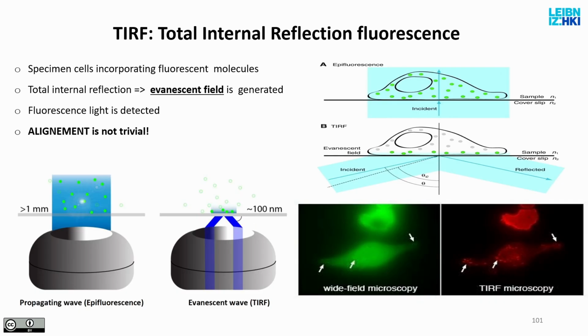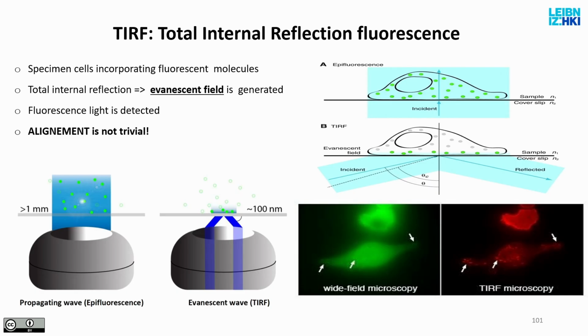We learned about this before. However, in practice, this reflection is not 100%, because a little bit of the light, approximately 100 to 200 nanometers, will penetrate into the second phase. And this is called the evanescent field.